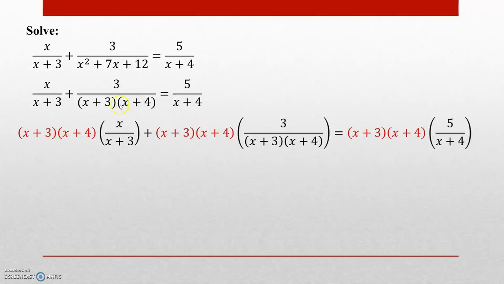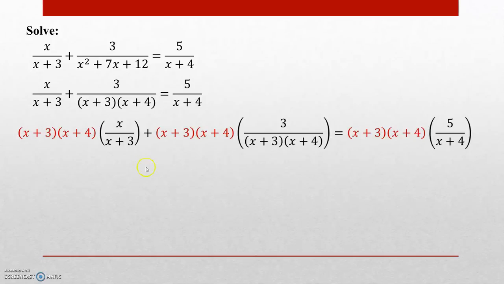So, we multiply the LCD sa lahat ng terms dito. So, x plus 3 times x plus 4 times x over x plus 3, plus the LCD, x plus 3 times x plus 4, times 3 over x plus 3 times x plus 4, and then equals, yun pa din, we multiply the LCD times 5 over x plus 4.